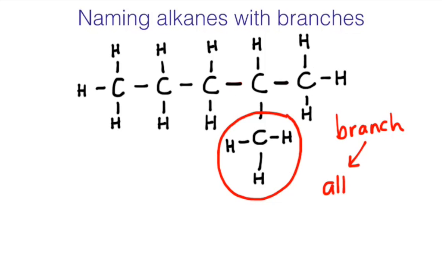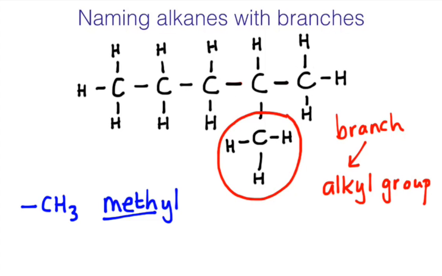There's our branch, and we call branches alkyl groups. Any hydrocarbon that branches off a chain is given the name an alkyl group. The specific name depends on how many carbon atoms are in that branch. So, if we've got a single carbon with its 3 hydrogens as the branch, we call that a methyl group.